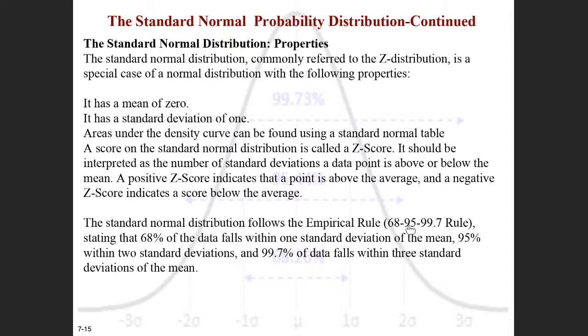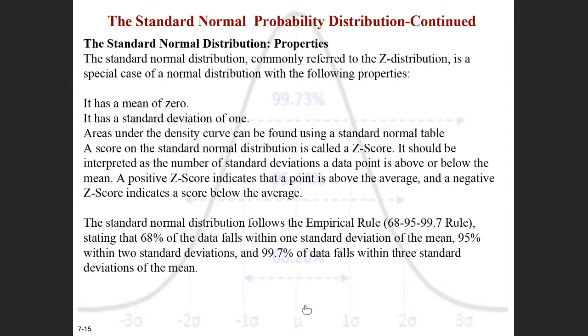The areas under the density curve can be found using a standard normal table. A score on the standard normal distribution is called a Z-score. It should be interpreted as the number of standard deviations a data point is above or below the mean. A positive Z-score indicates that a point is above the average, and a negative Z-score indicates a score below the average.